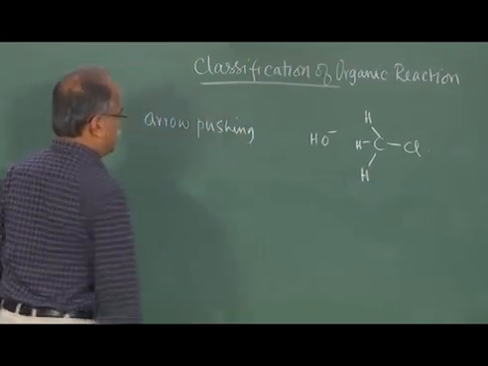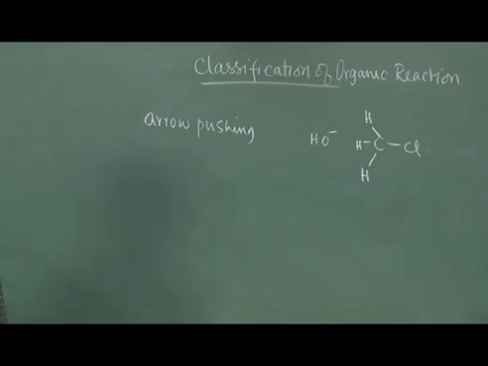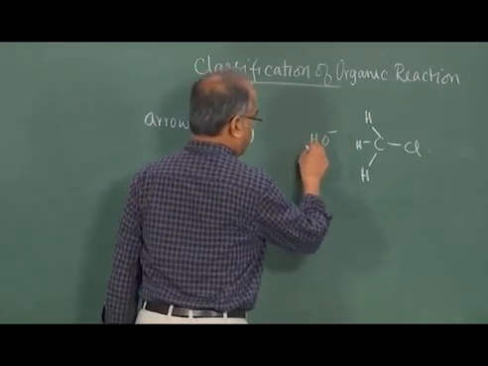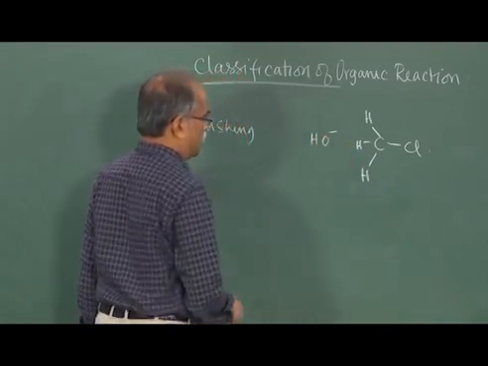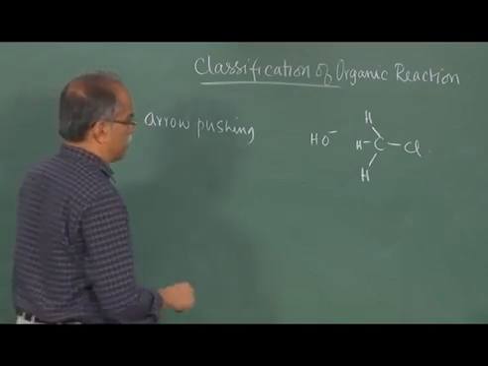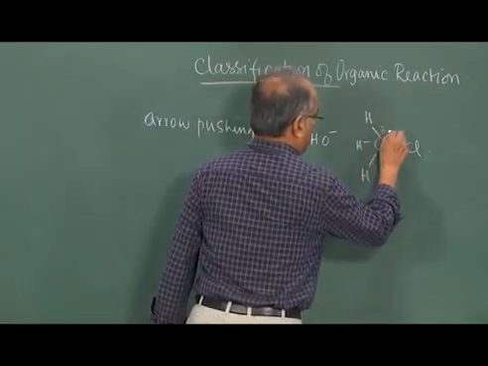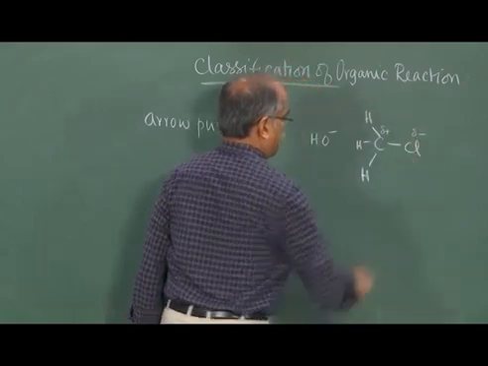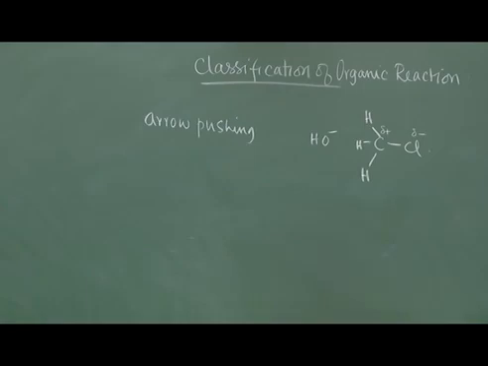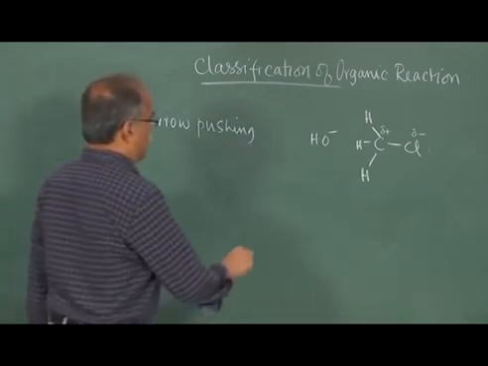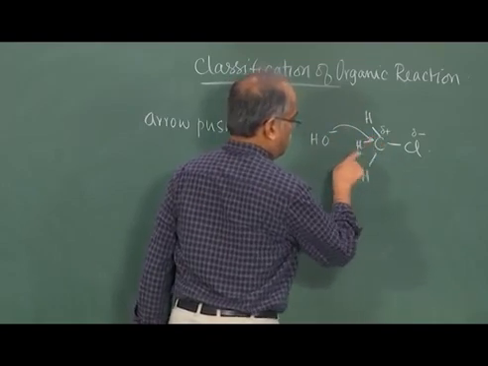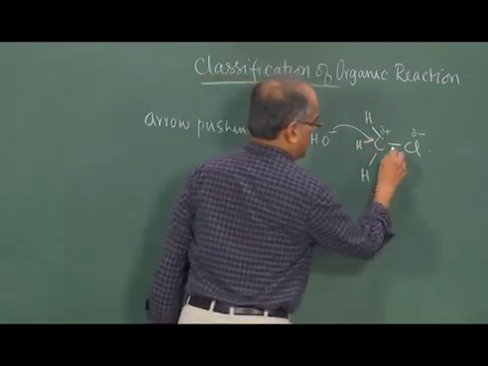The convention used in arrow pushing is that you start the arrow from an electron rich center, let us say O minus, and push it towards the center which is electron deficient. Let us say, for example, this carbon is an electron deficient center because of the polarization of the carbon chlorine bond. So the arrow starts from the electron rich center and is pushed towards the electron deficient center, pointing towards it.